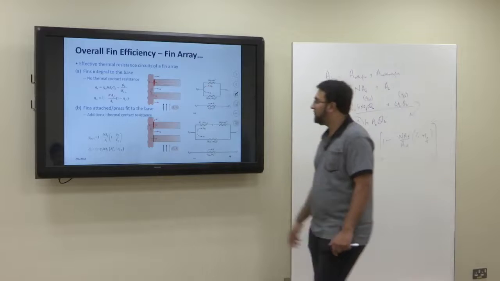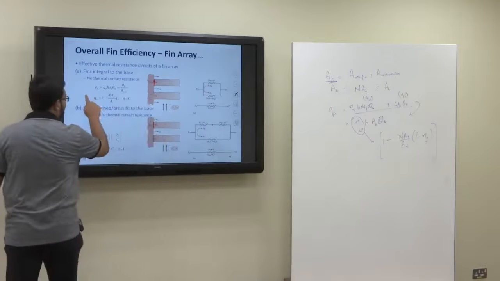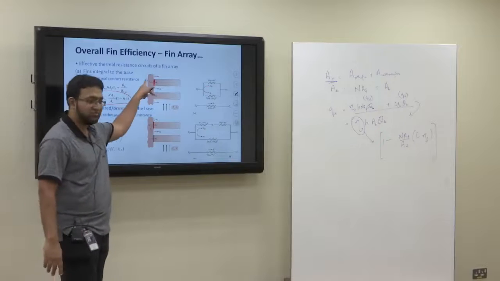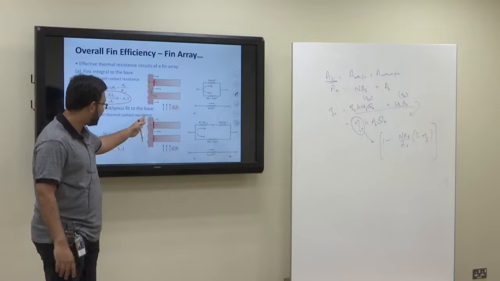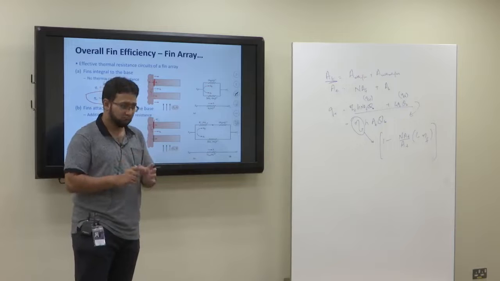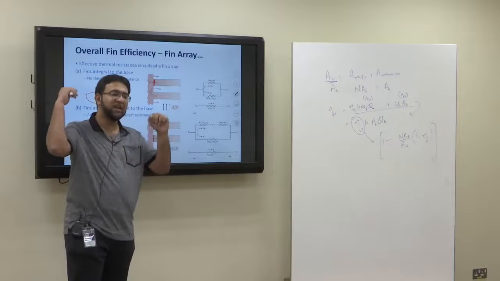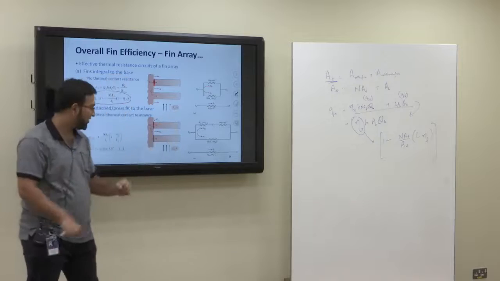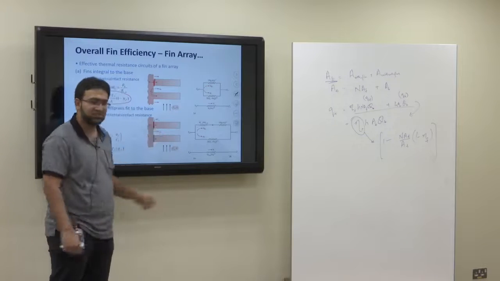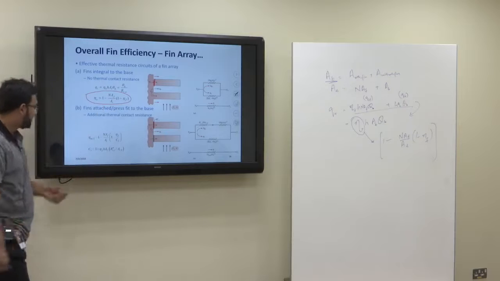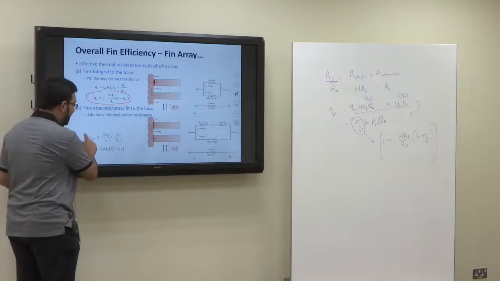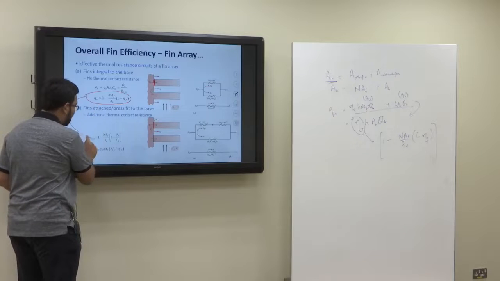This is the formula for overall efficiency, that's written there, but in case you do not have any contact resistance. In case the main body was made earlier and the fins were attached later, like pressed, hammered into the main body, then you will have a contact resistance here. And if you have contact resistance, then the overall efficiency will be modified from this to this.